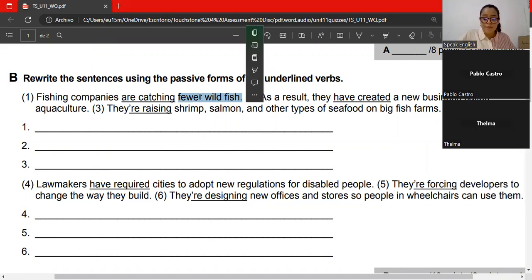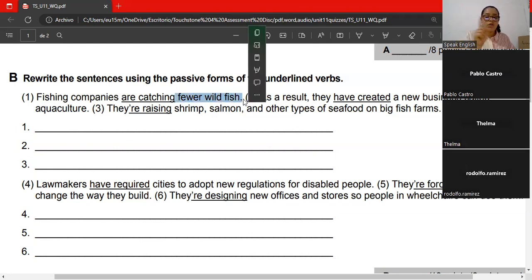Got it, Telma? Hello? Telma, I hope you're there. Okay. So remember, fewer wild fish, this is the object. Don't separate fewer from wild fish, okay? Okay, well, has been created as a result.